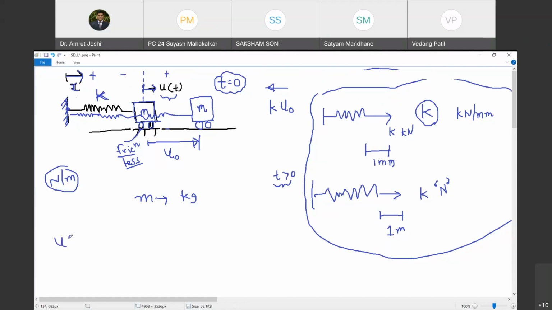I have defined the position of the block at a random time instant t. Do you agree with me? Yes, sir. Happy? Yes, sir.